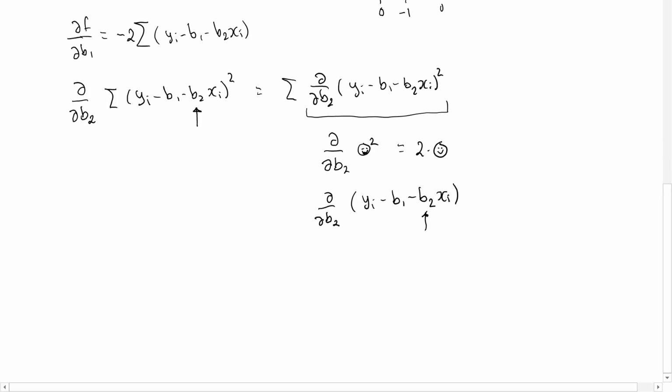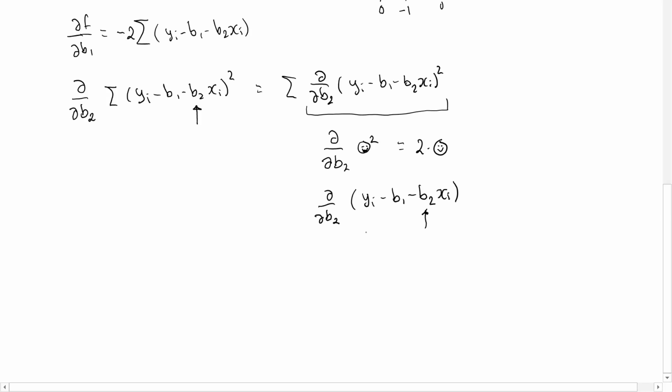So differentiating yi with respect to b2, that's 0. Differentiating b1 with respect to b2, that's 0. Differentiating minus b2 times xi with respect to b2. Remember, this is the variable. b2 is the variable. xi is just a constant.